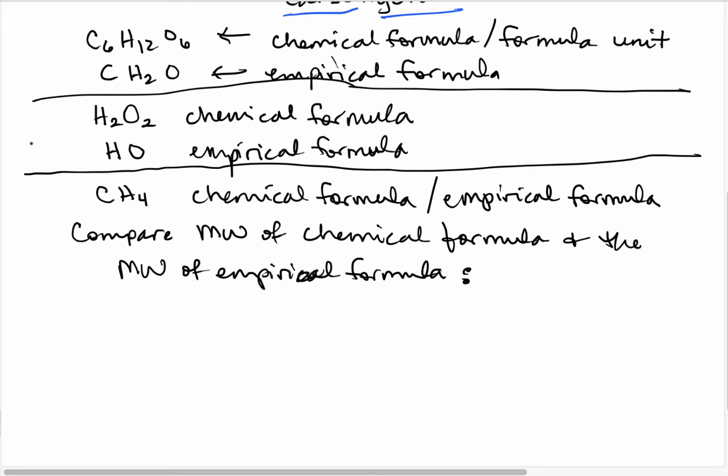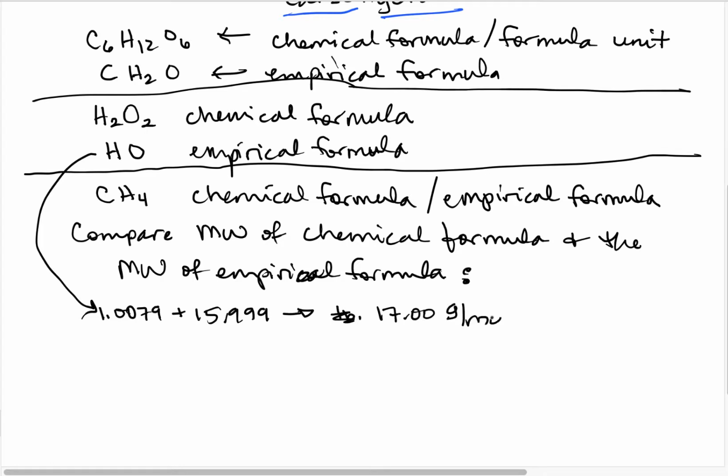So if you look at HO, the molecular weight of the empirical formula would be 1.0079 plus 15.999, so about 17 grams per mole.